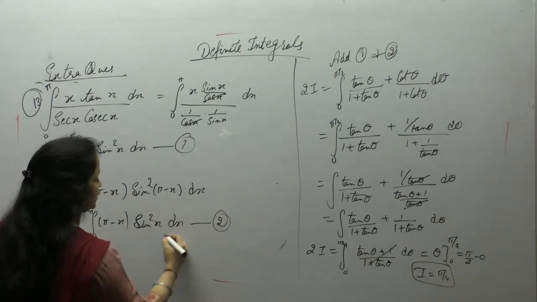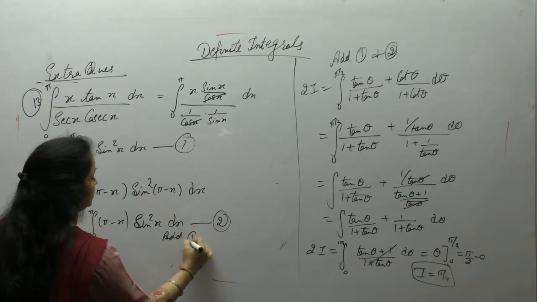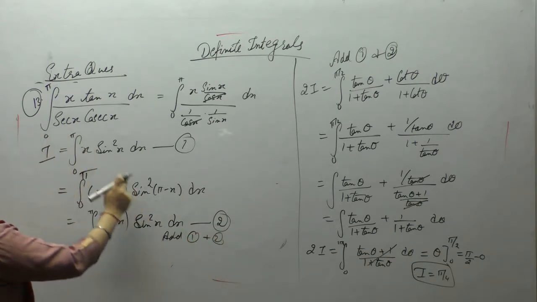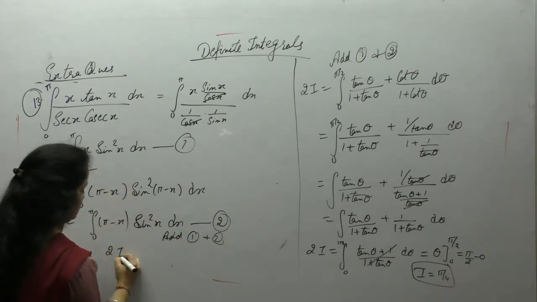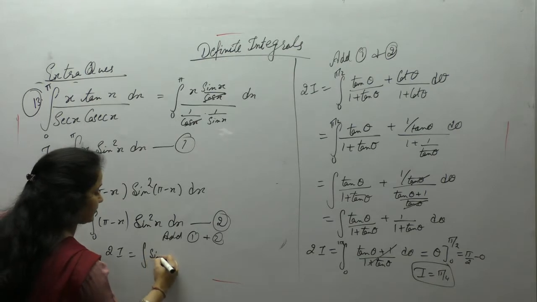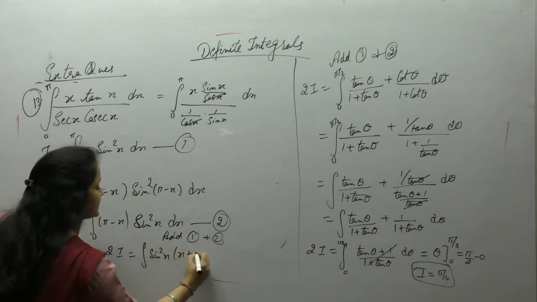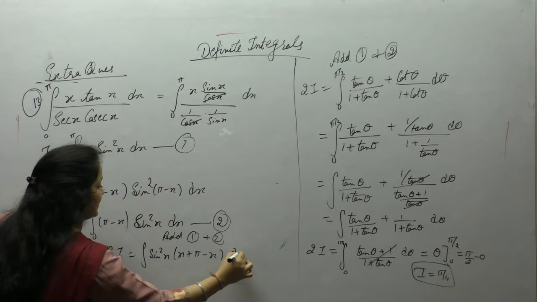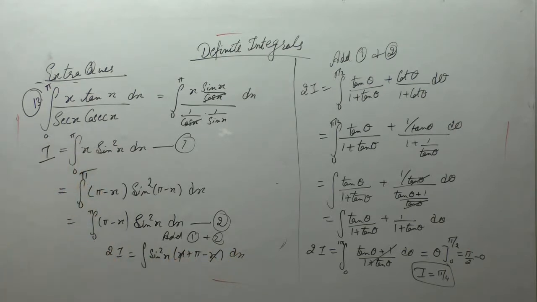Now add 1 and 2. Sin square x is common into x plus pi minus x. X will cancel. 0 to pi, pi sin square x.